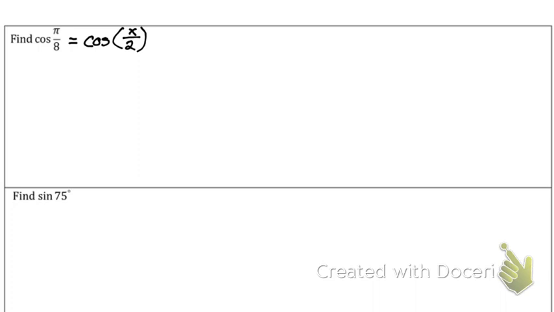But this fraction needs to equal pi over 8. And how we're going to rewrite this is an ugly fraction. We're going to write this as cosine of pi over 4 divided by 2.